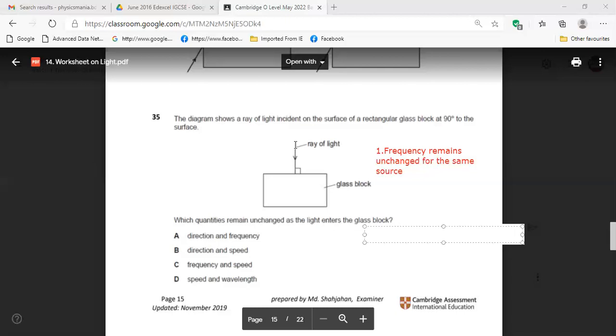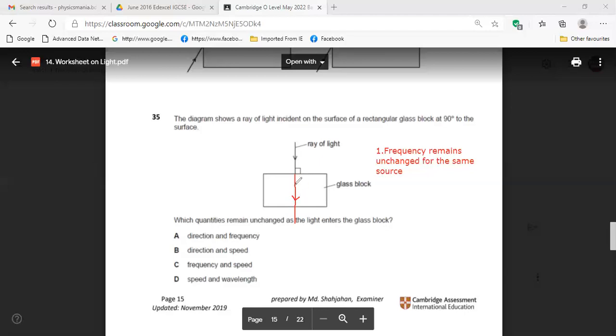So it's going through the normal. Then it will go unbending, right? It's going unbending, and there is more information that I gave you.